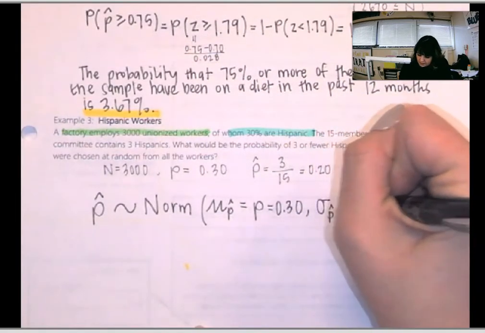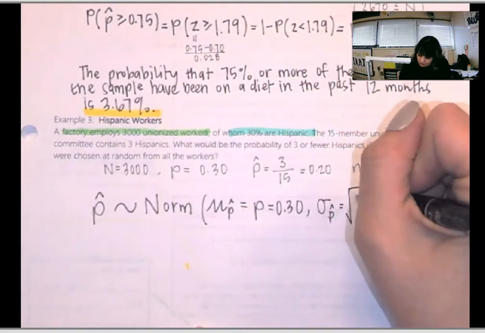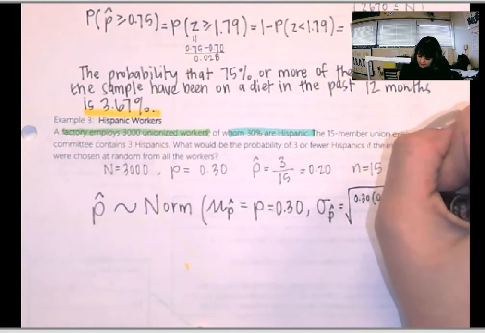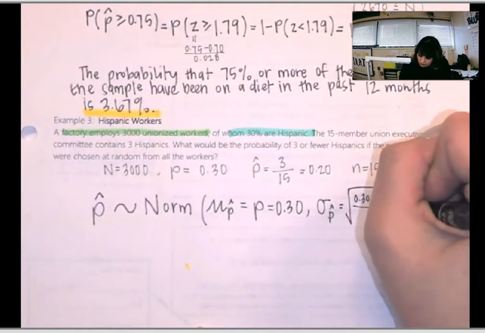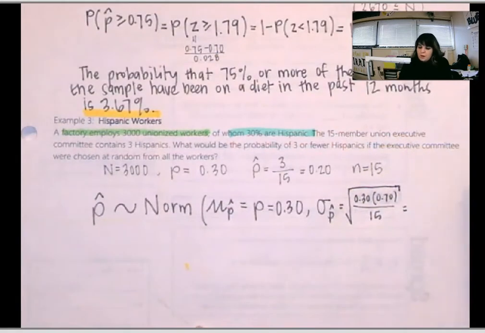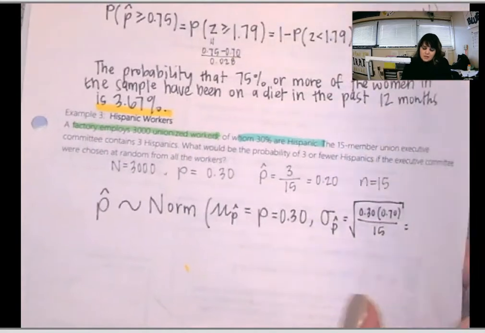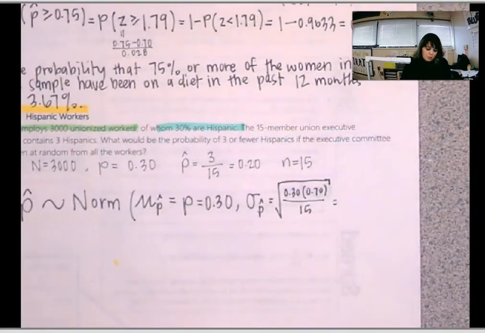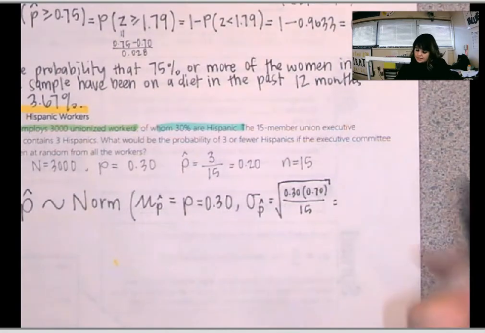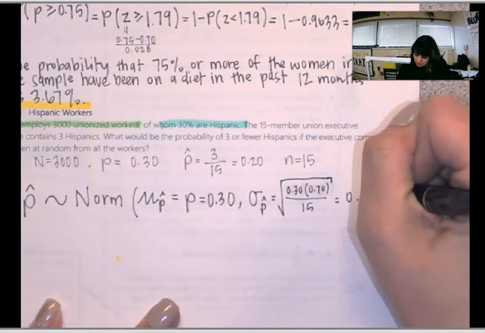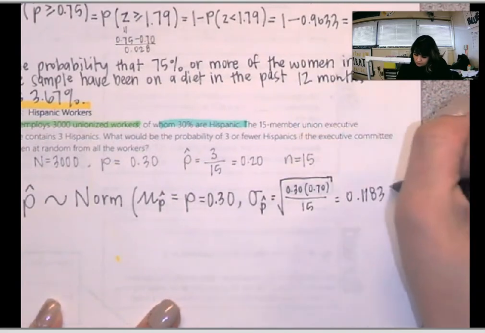Sigma sub P hat is the root of 0.30 times 0.70 over 15. I feel a little bummed that all these P's were 0.3 and 0.7. They won't always be 0.3, 0.7. So I plug this into my calculator, and I get a sigma of 0.1183.